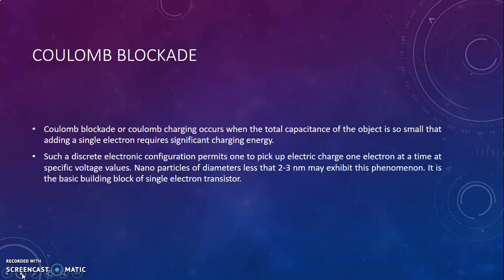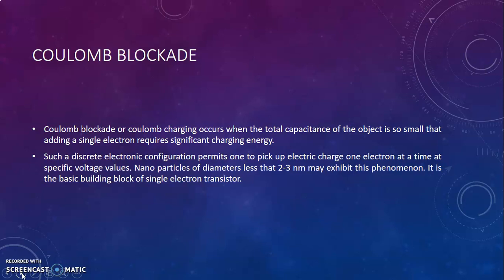The next topic for discussion is the Coulomb blockade. Coulomb blockade, or Coulomb charging, occurs when the total capacitance of the object is so small that adding a single electron requires significant charging energy. That is, each electron becomes significant in this case.